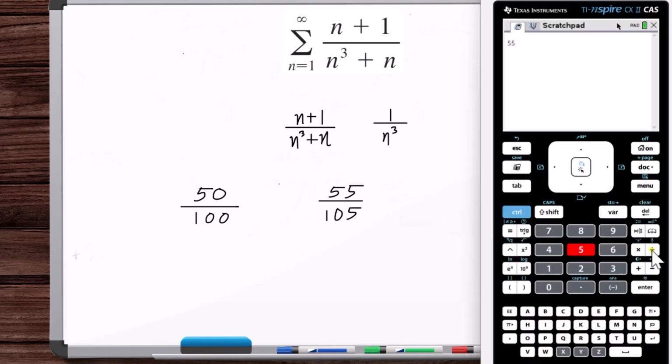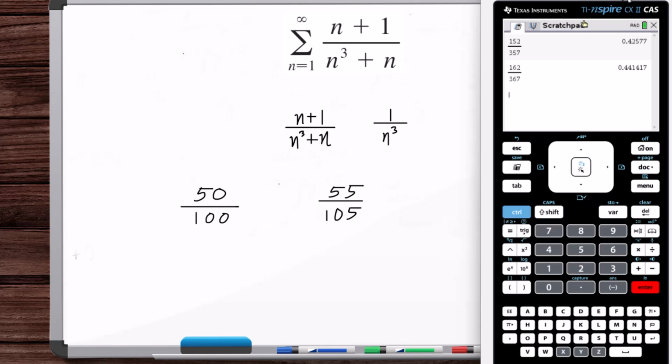So 55 divided by 105 is bigger than 0.5. Right? What if we had 152 divided by 357, and then we added 10 to the numerator and denominator? 162 divided by 367.